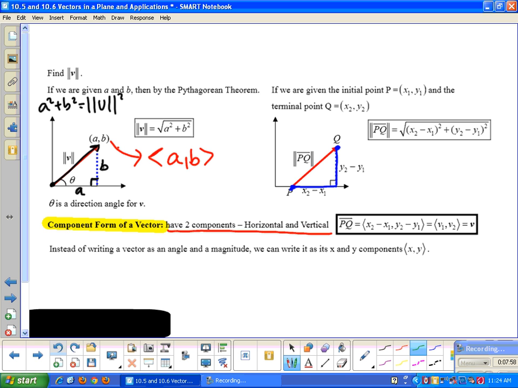Now for this, it's always the terminal point subtracted by the initial point. And for this subtraction, the order matters.